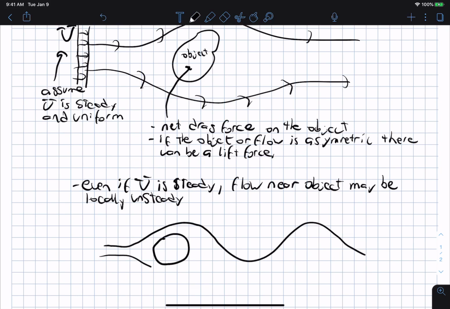You remember me drawing this before, where as a function of time you have this alternating series of counter-rotating vortexes. Oops, I drew this one backwards.